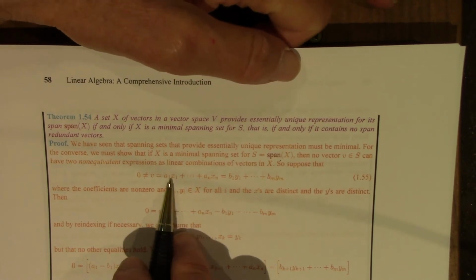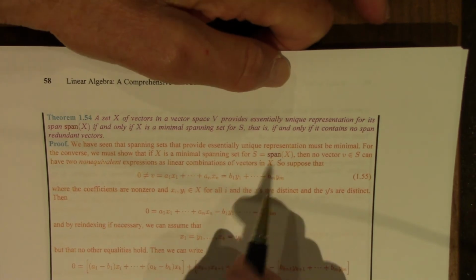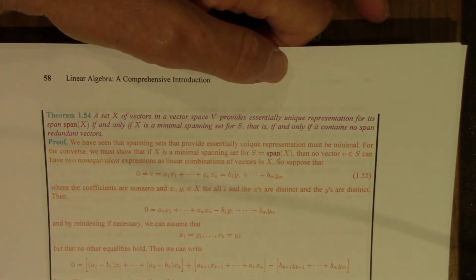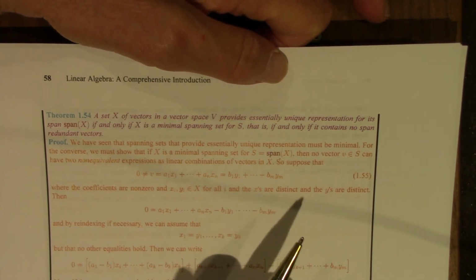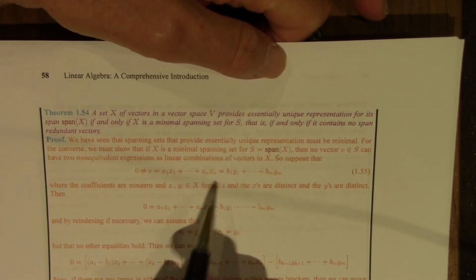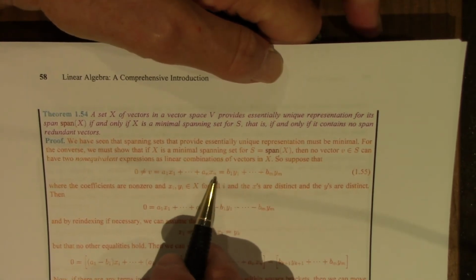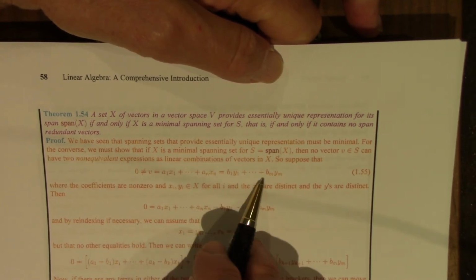And the x's are distinct, so we've combined any like terms, and the y's are distinct, so they're also combined like terms. Then what we need to show is that these are the same, so that n equals m, and that each a is a b.